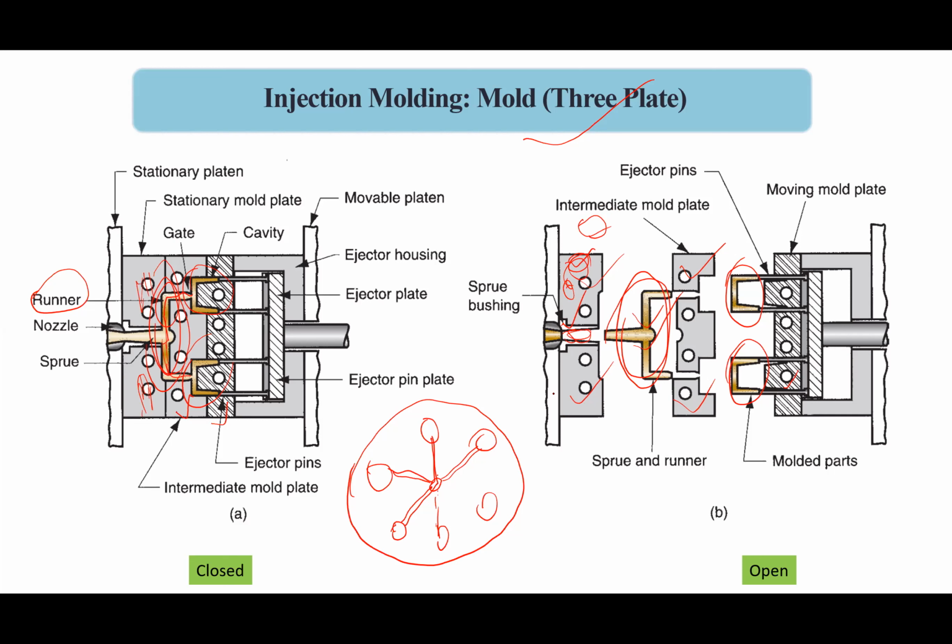The bush is a separate part placed into the fixed mold, made of a stronger, more temperature-resistant material. It can be replaced: instead of replacing the whole fixed platen, if something is wrong or the material gets eroded after long use, you can easily change the sprue bushing instead of replacing the whole plate. That is the benefit of using a sprue bushing. Any other question?